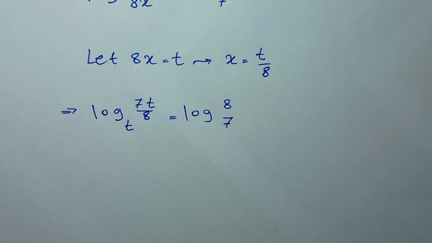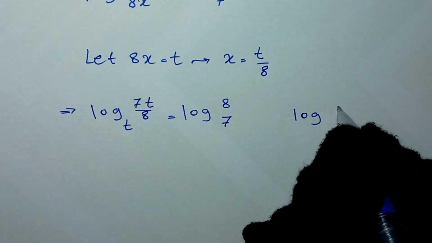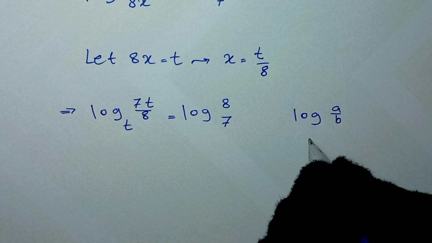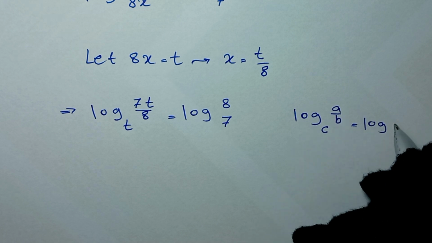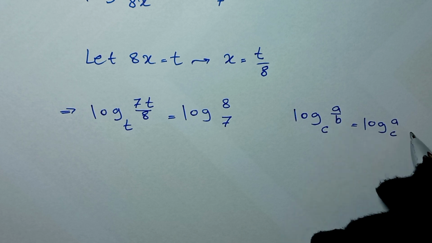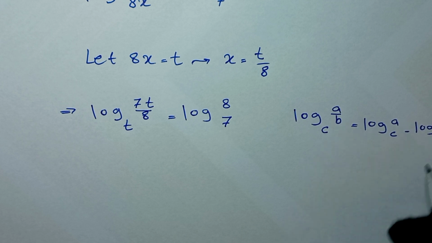And next step, from log rules, if we have log of a over b to base c, this is equal to log of a to base c minus log of b to base c.